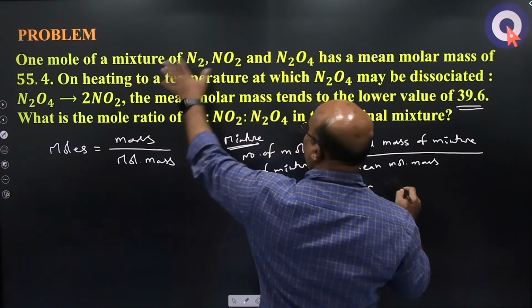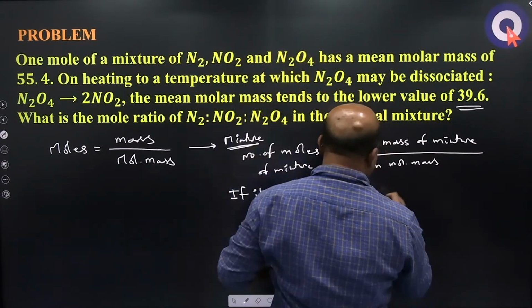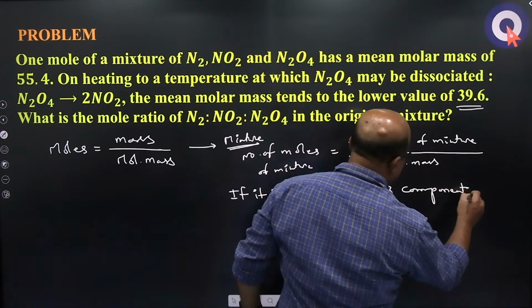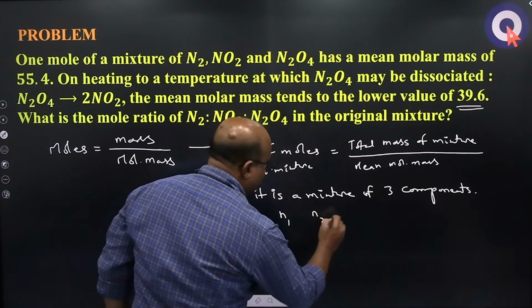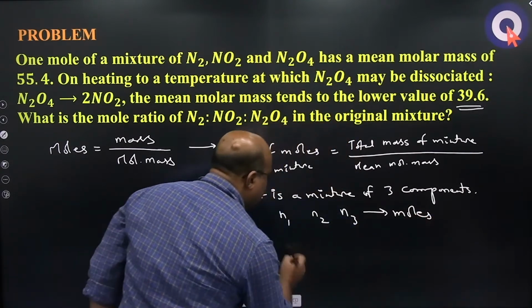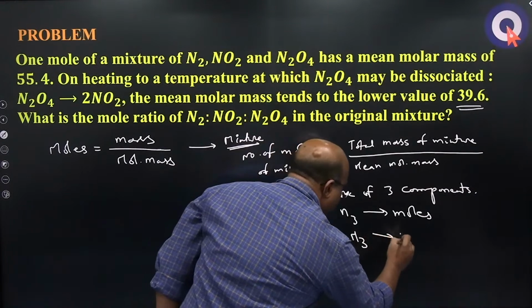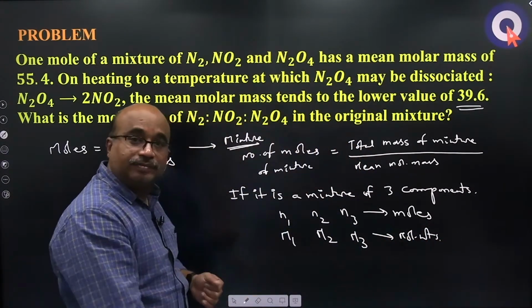Let us take a mixture of 3 components, N2, NO2 and N2O4. Let N1, N2, N3 be the moles, and M1, M2, M3 the molecular masses.